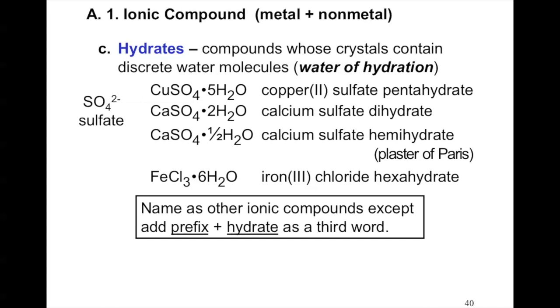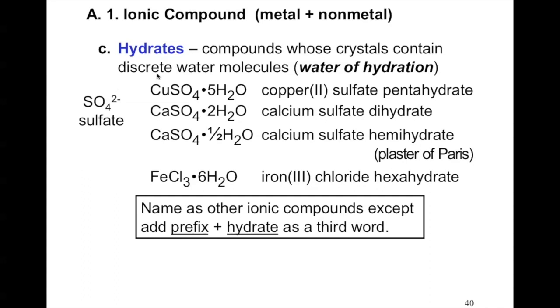mortars that was invented by the Egyptians to bind the stones of the pyramids that they built in the latter part of their civilization. So how they did this is they would just take gypsum, put it in a kiln, a very hot oven, and heat it up to at least 800 degrees Celsius.